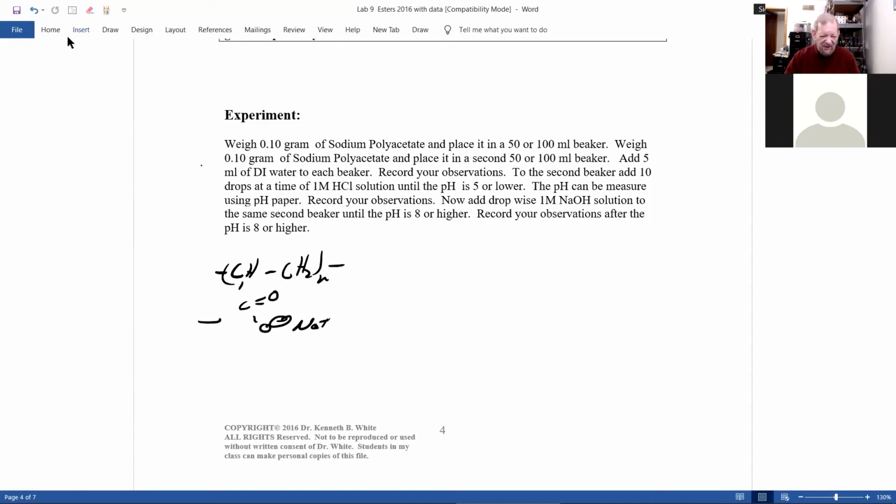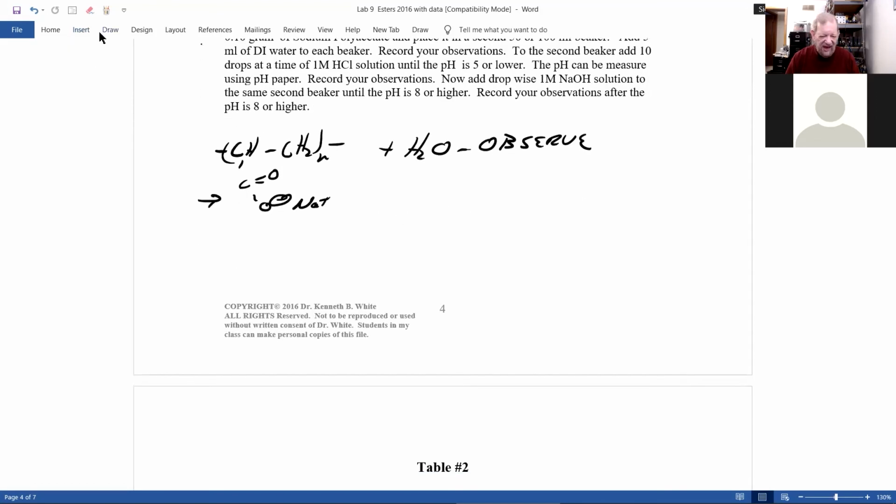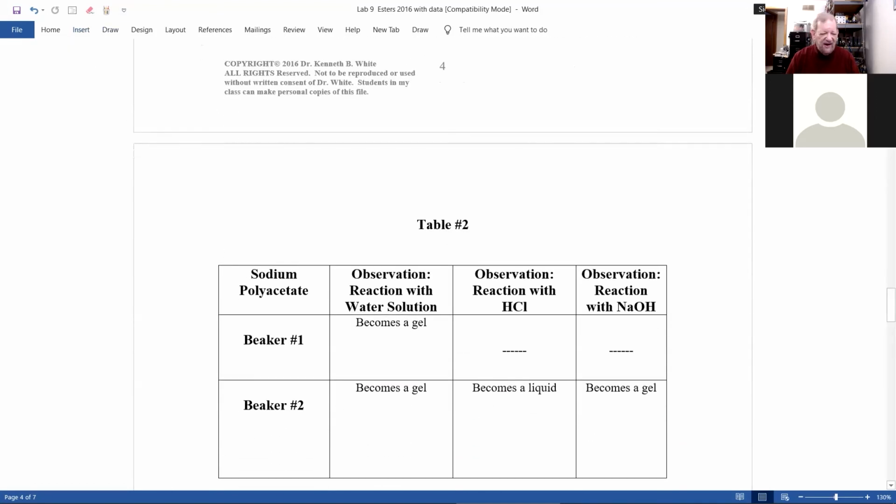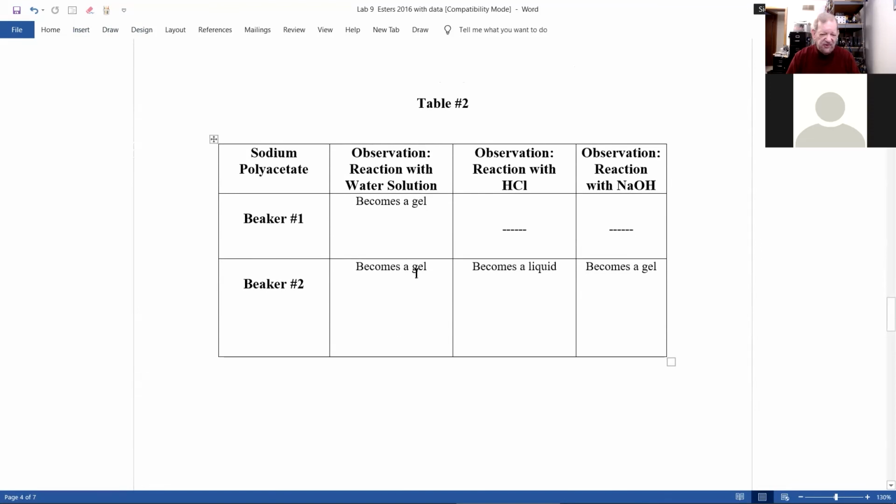And here we have a carboxylate anion. And I didn't mention in class, but I now will in lab, that it hydrogen bonds extremely well to water. Now, the first thing you're going to do is put some in water and observe what you get. And when you do that, if we look at the data, in beaker 1, it becomes a gel. And beaker 2, you'll do the same thing.